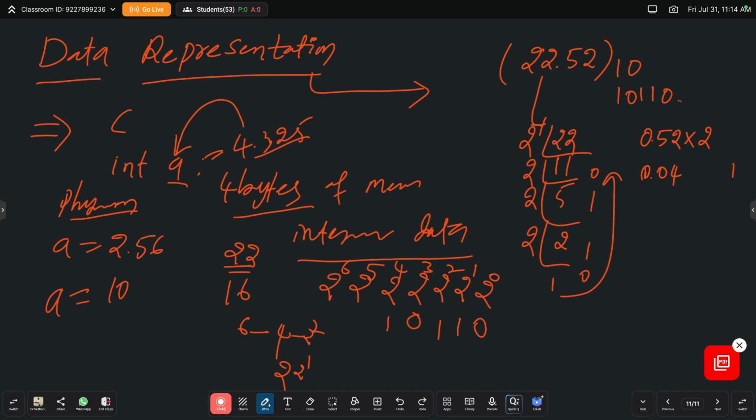Are you clear? Then into 2. Are you following? Next. What is the value? 0.08. Then 0.16. These values you should consider.